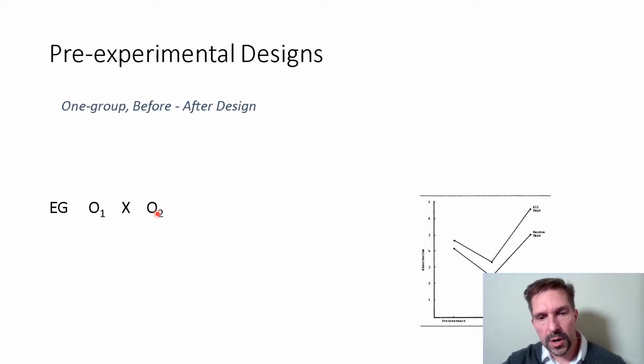And then we're going to determine what is the effect of that treatment by looking at the difference between O1 and O2. We will take the difference between those two measurements on average, if we have more than one participant, which hopefully you should have.